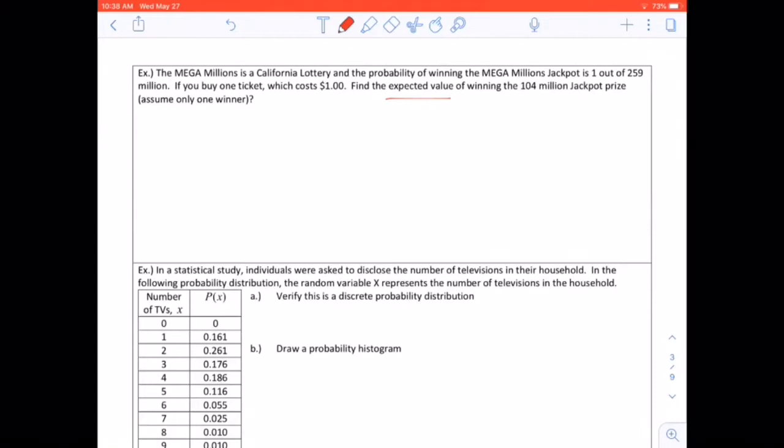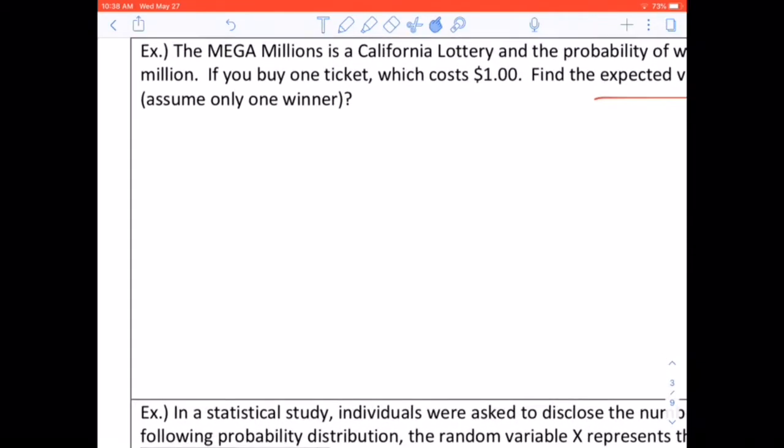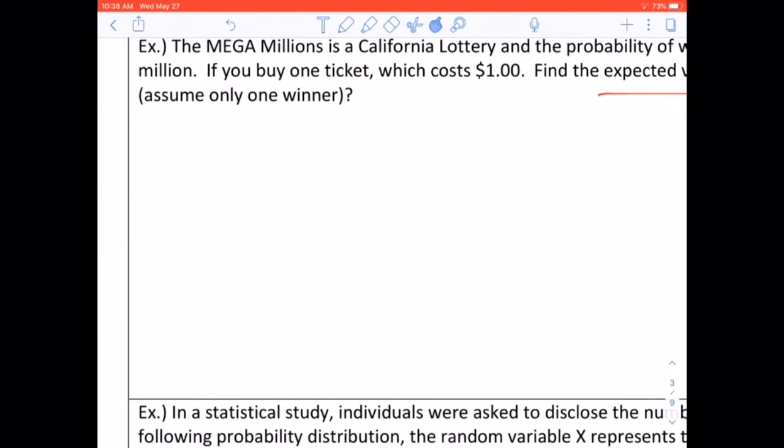However, it doesn't give us a table, and when they don't give us a table, it makes it a little bit harder. So we're going to have to create our own table. In order to do that, I need to talk about what the two things going on here are. In this case, you either win or you do not win.